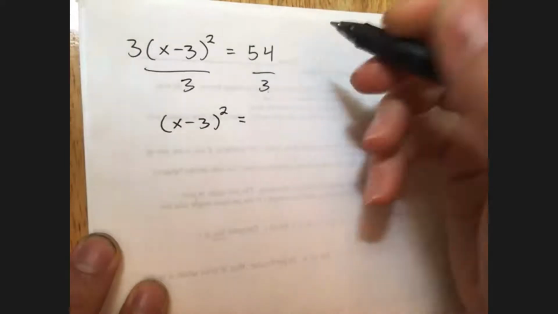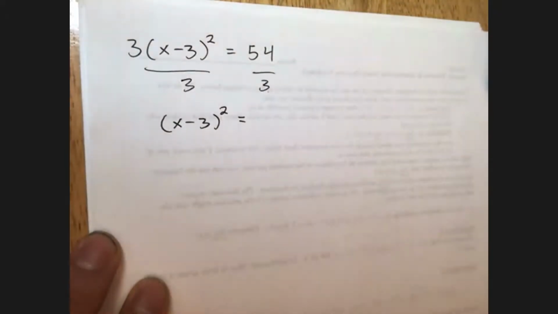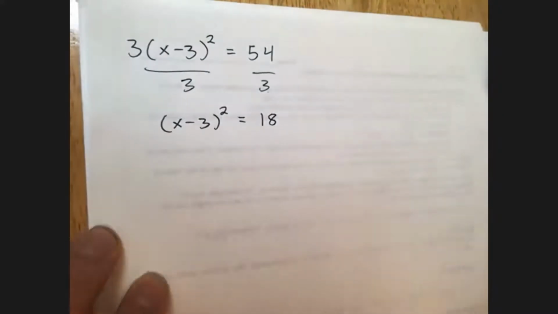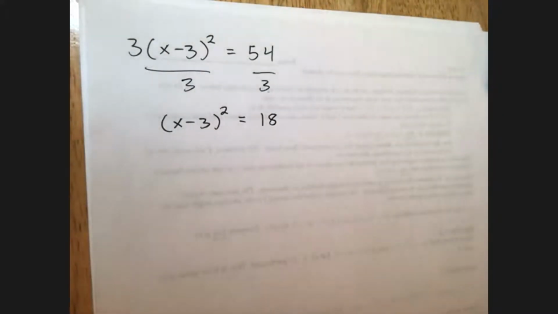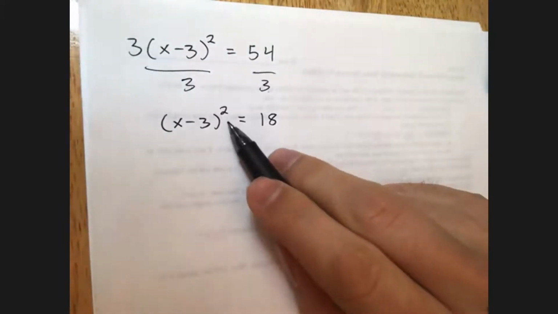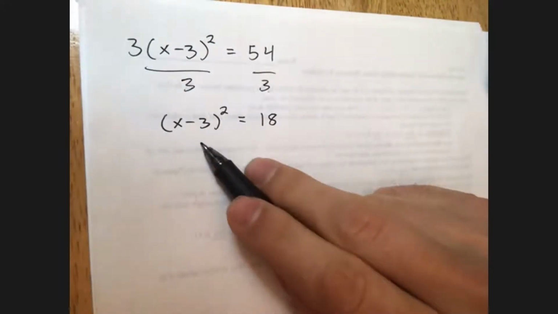The right-hand side we can simplify. 54 divided by 3, that's 18. Now the left-hand side is something squared. It's not x squared, but it's something squared.